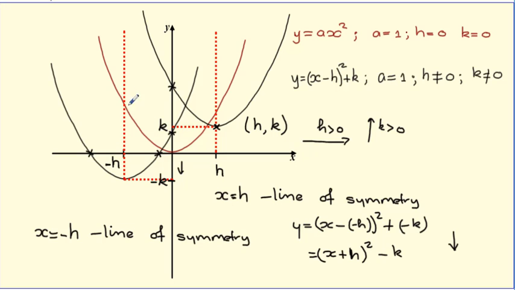So you can see that the brown graph, which was the standard graph here, is y equals x squared.